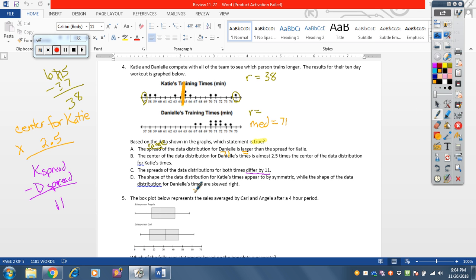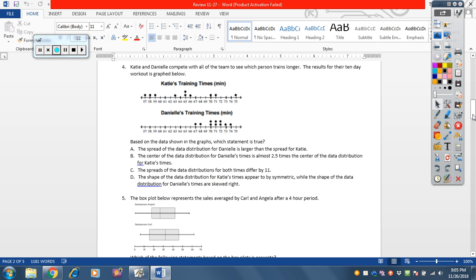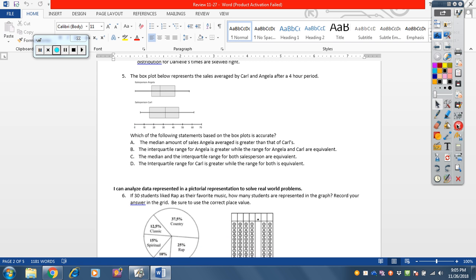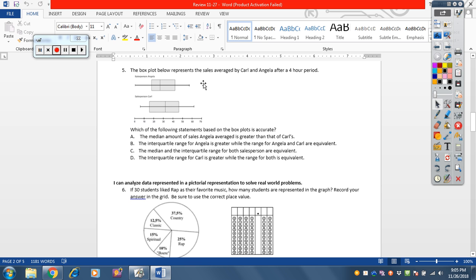It says Danielle's times are skewed right. So skewed means tail. Is there a tail to the right of Danielle? No, in fact, I would say the tail for Danielle is to the left. Hit pause and finish that up. Don't move on till you're ready.